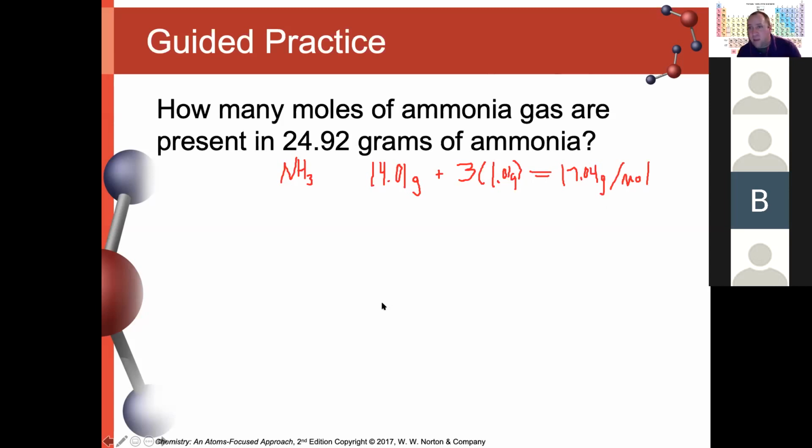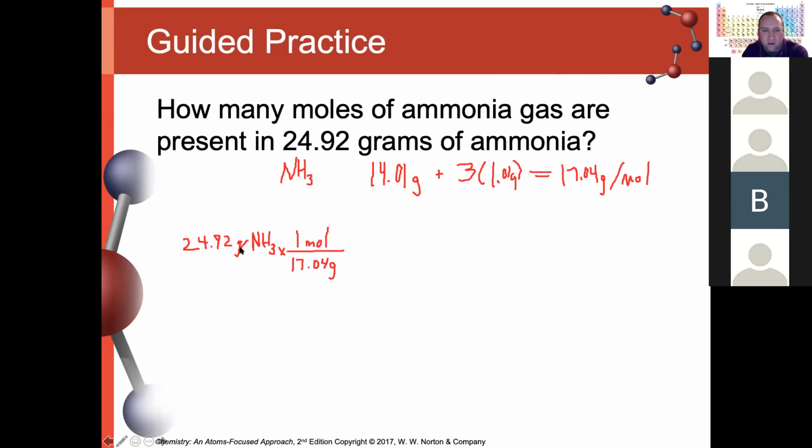Now, using that map on the previous page, we can either simply divide this, or if we take the more dimensional analysis type approach, 24.92 grams of ammonia, and using that molar mass as a conversion factor now, 17.04 grams in 1 mole.